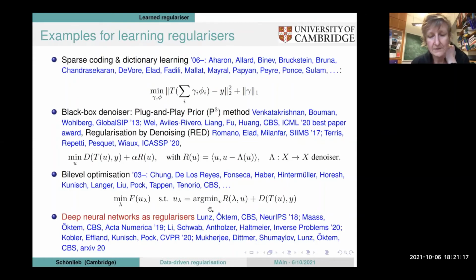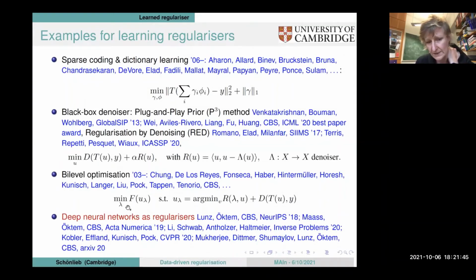So in principle, you could also do this, by the way, with neural networks. One disadvantage of doing it in this bi-level setting is that computationally, these bi-level problems are very, very tough. We have worked on that ourselves, and I'm still fascinated by bi-level optimization.